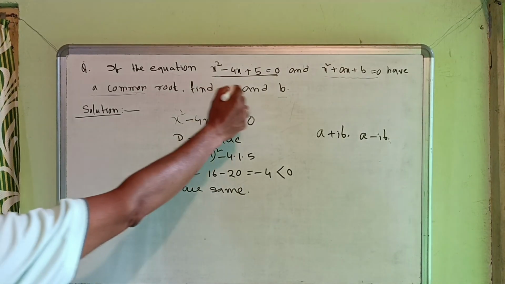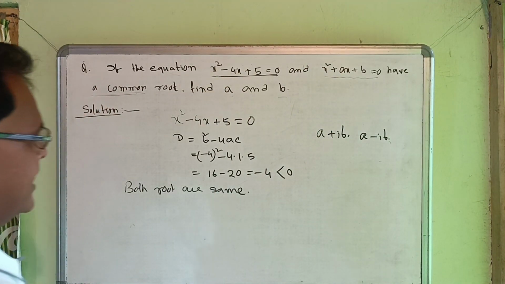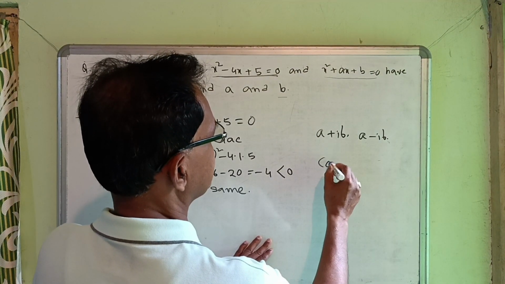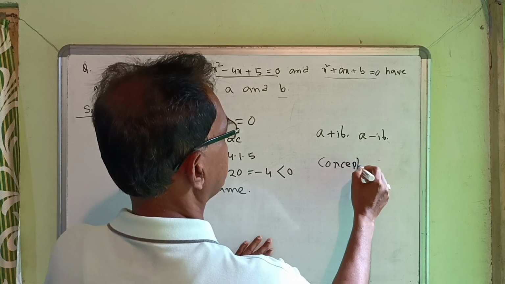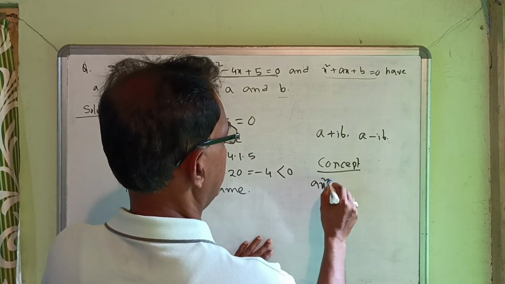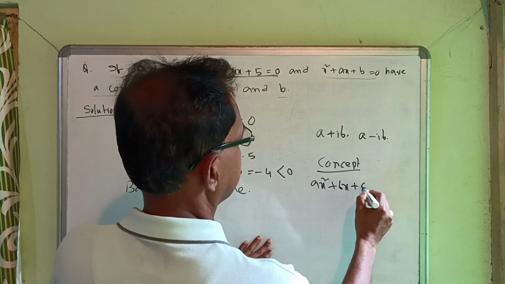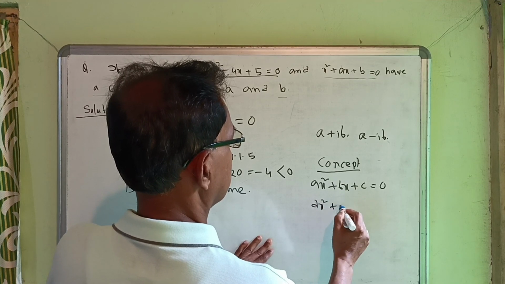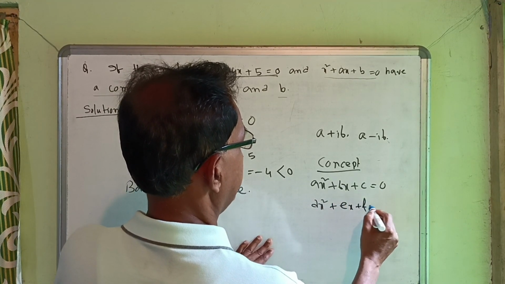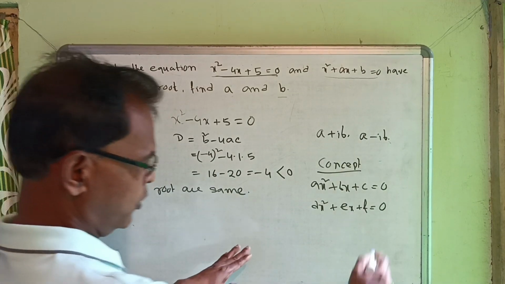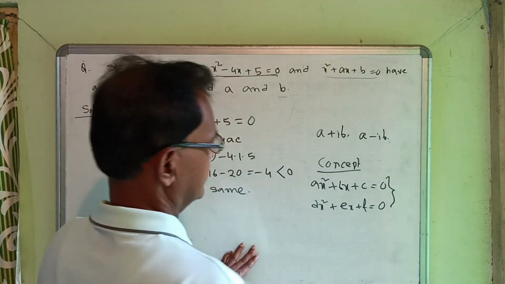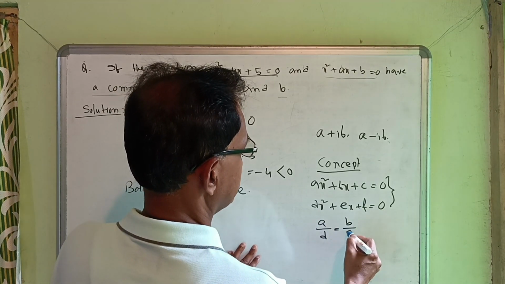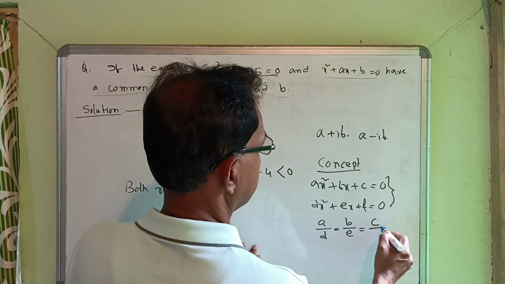Since both roots of these equations are the same, there is a concept: if ax square plus bx plus c equal to 0 and dx square plus ex plus f equal to 0 have both roots common, then we get a by d equals b by e equals c by f.